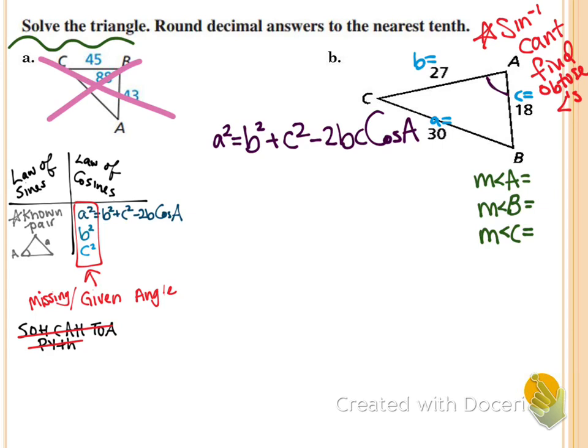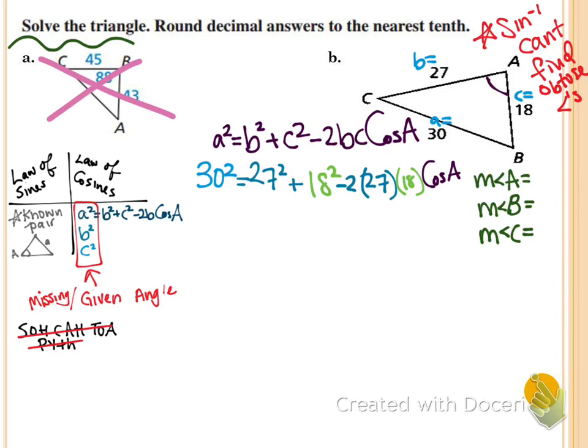So we're going to plug them in, starting with A is 30, 30 squared, and then equals B, which is 27 squared, plus C, which is 18 squared, minus 2 times B, which is 27, times C, which is 18, and cosine of angle A.